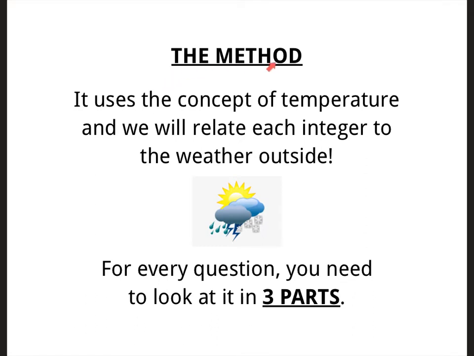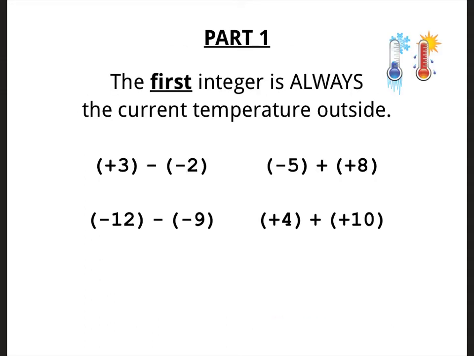The method uses the concept of temperature, and we will relate each integer to the weather outside. For every question, you need to look at it in 3 parts. Part 1: the first integer is always the current temperature outside.